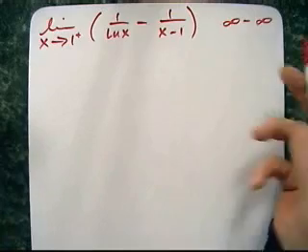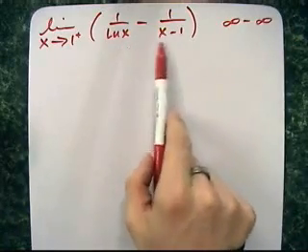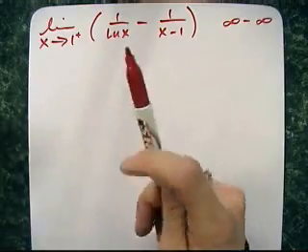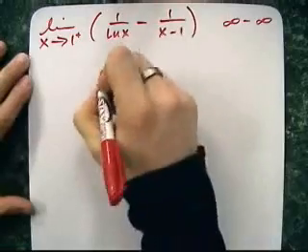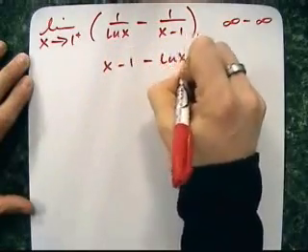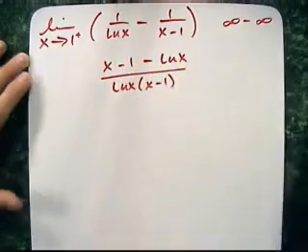On these ones, actually, all you have to do is add those together. Just a common denominator of those, and then you'll have some kind of fraction where you might get an issue. So it's really not going to be too bad. It ends up being x minus 1 minus the natural log of x, divided by the natural log of x minus 1.